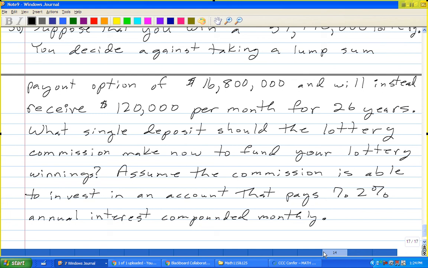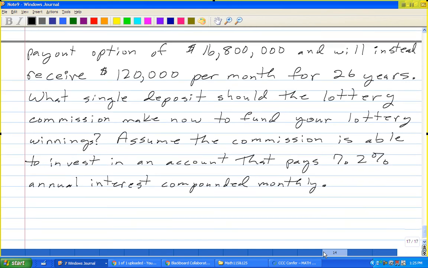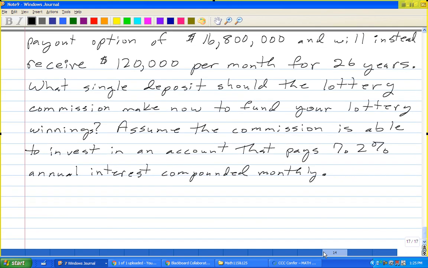After 26 years they'll be out of money. This is also how you figure out how much you can take out when you retire, so you don't run out of money.